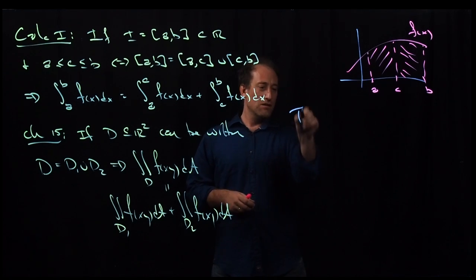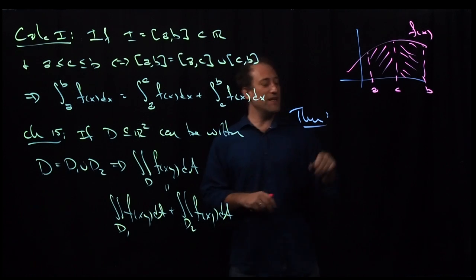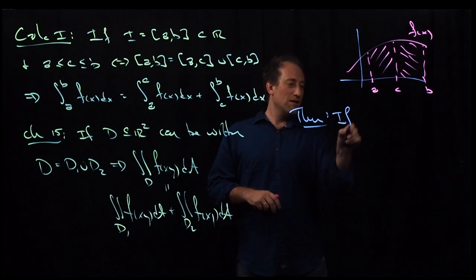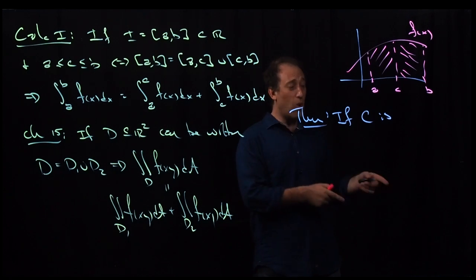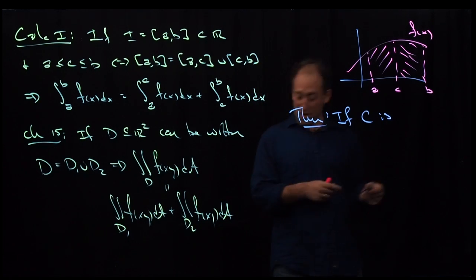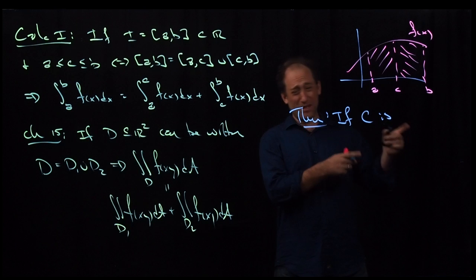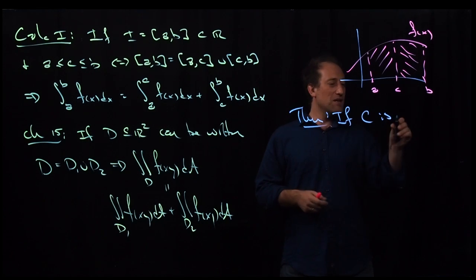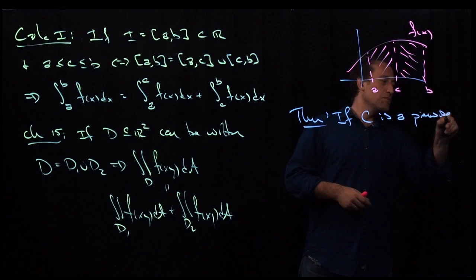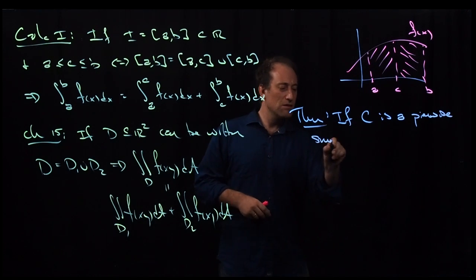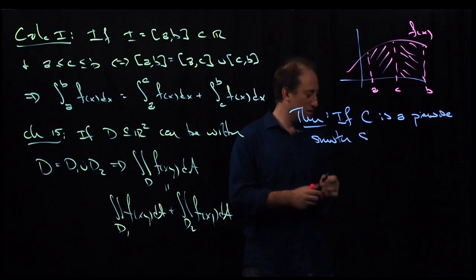So specifically, theorem. If C is, technically it needs to be called a piecewise smooth curve.